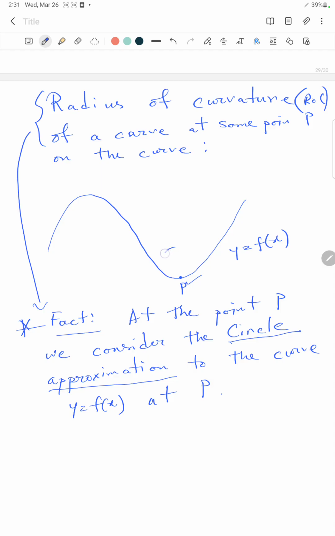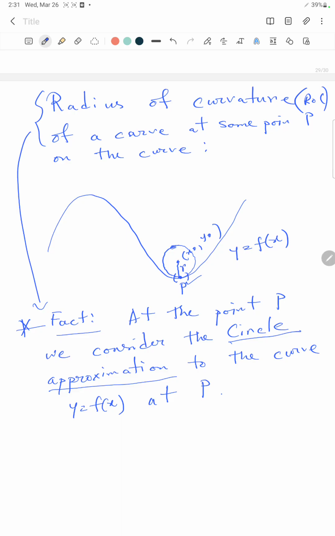At this point we want to consider a circle with center (x0, y0) and with radius r, which can approximate this curve in a very small neighborhood of this point P. That means if you take a very small neighborhood around this point P, in that small neighborhood, the portion of the circle and portion of the curve will look very much similar, and there will be no difference between the portion of the curve and portion of the circle.